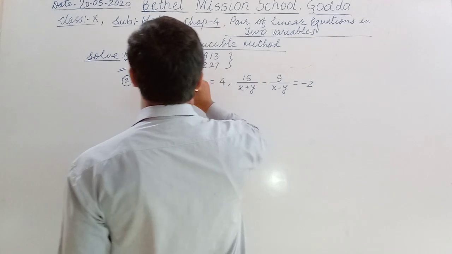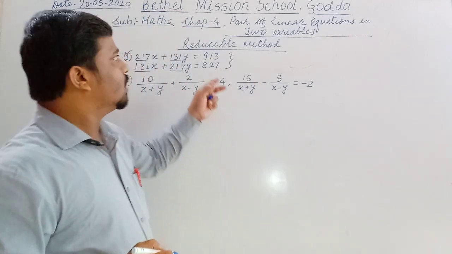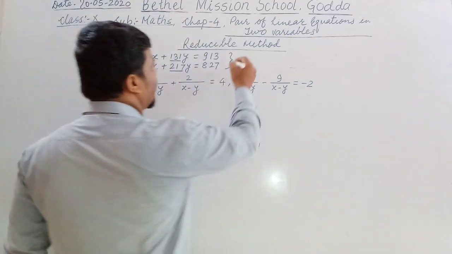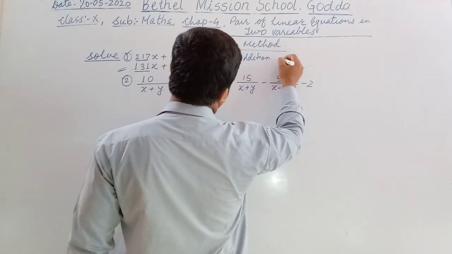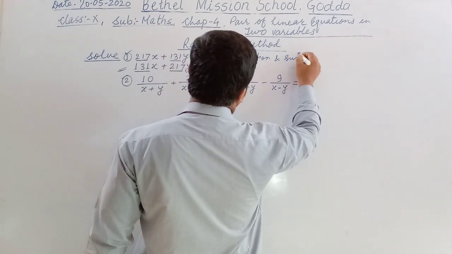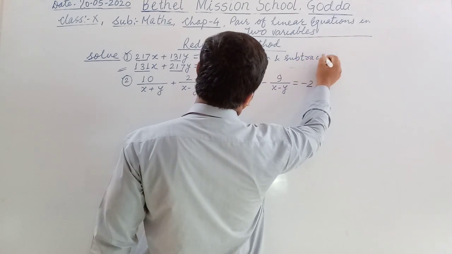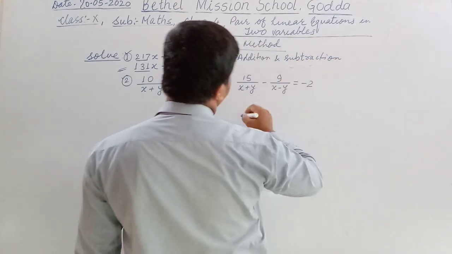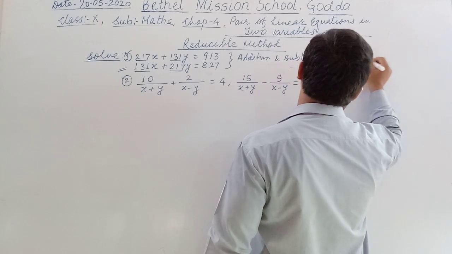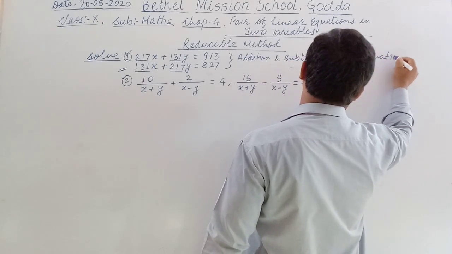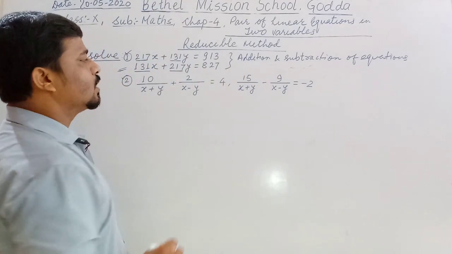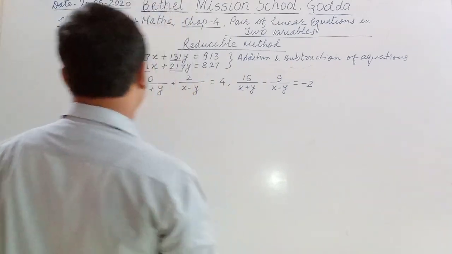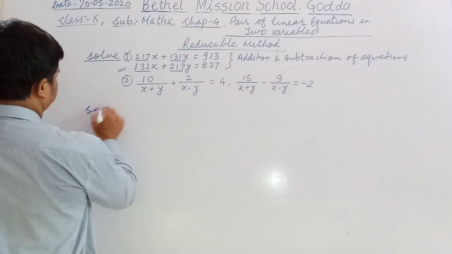For this type of linear equation in two variables, we will apply addition and subtraction of the equations. So what is the way? Just see the solution.